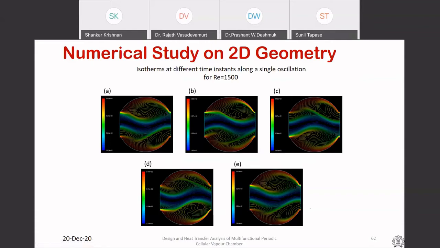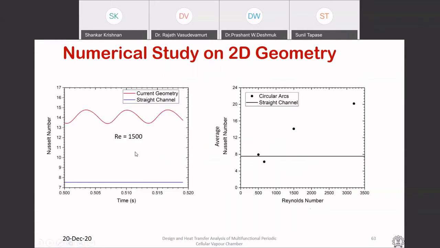So if you plot the cyclic Nusselt number, if I had a straight channel instead of those semicircular arcs, you get heat transfer as a function of time only this much. But once I make the semicircular arc, I start to see this up and down Nusselt number behavior, and I'm seeing almost 2 times improvement in heat transfer.